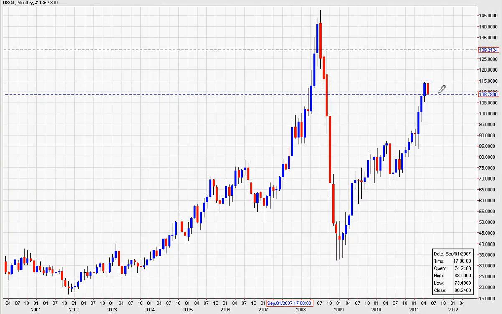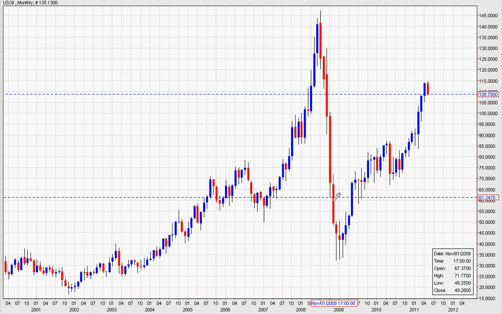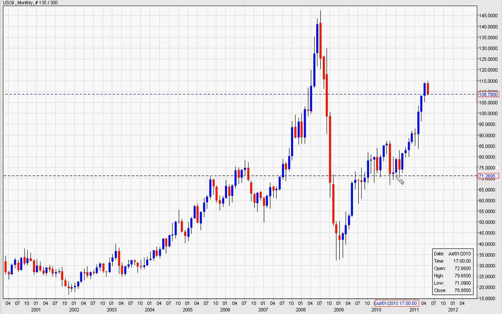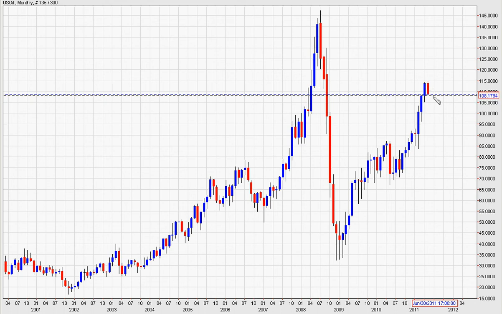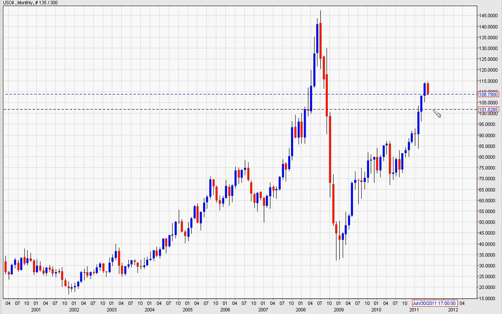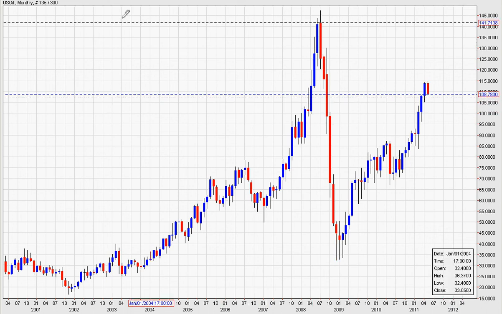If we go back even further, this is a fairly obvious ABC pattern, and looking at how this month looks already, that could be a hideous bearish engulfing pattern if this plays out.